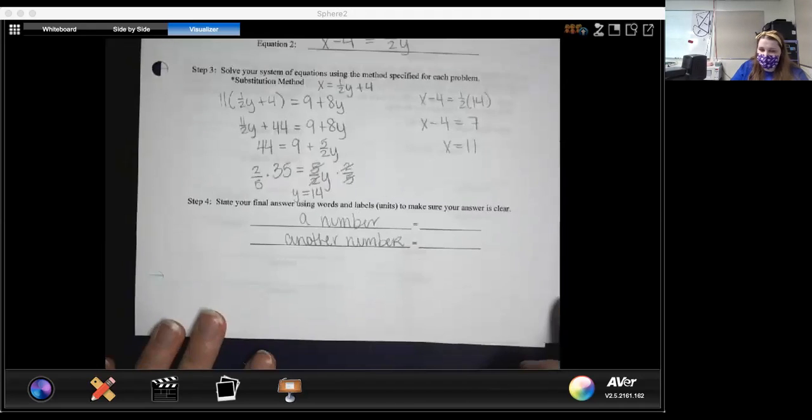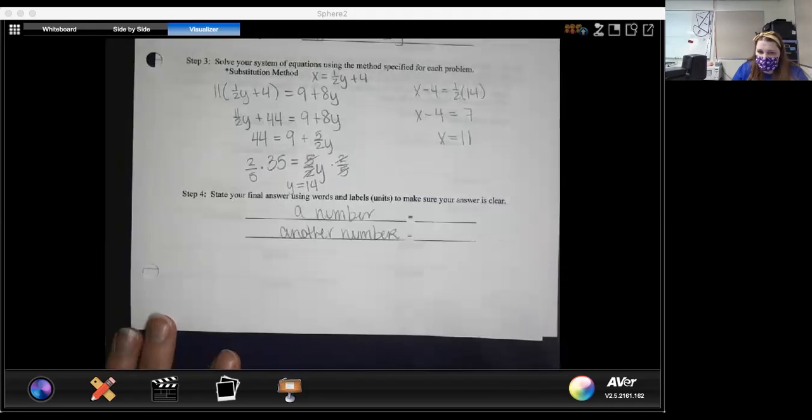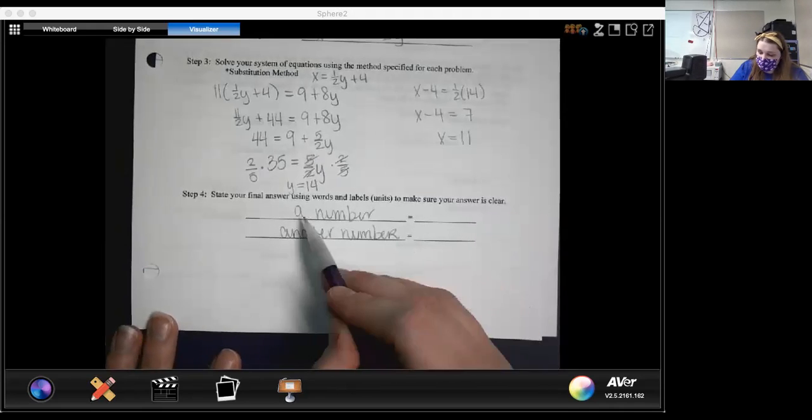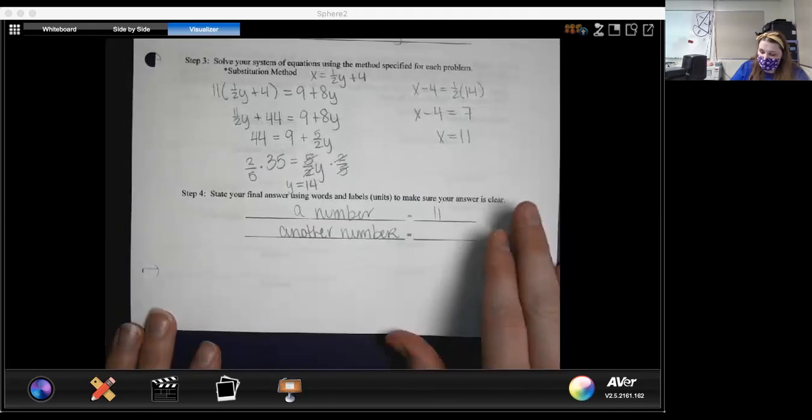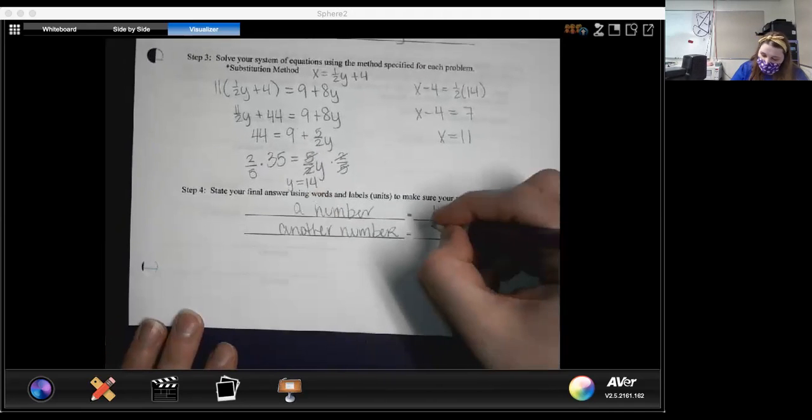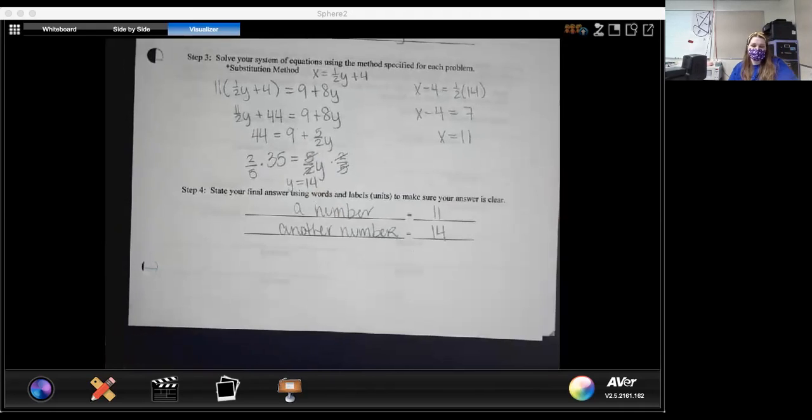Now in this case, are we going to have units on numbers? No. But my x value, which is a number, would be 11. And the other number, which was y, is 14. In this case, we don't have any units to worry about, so therefore not needed in this problem.